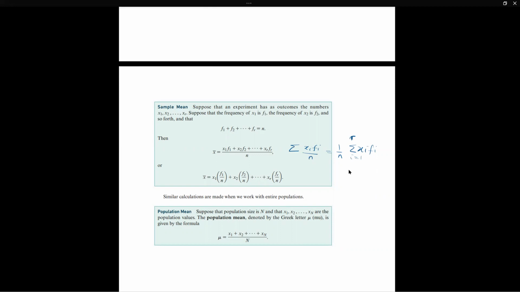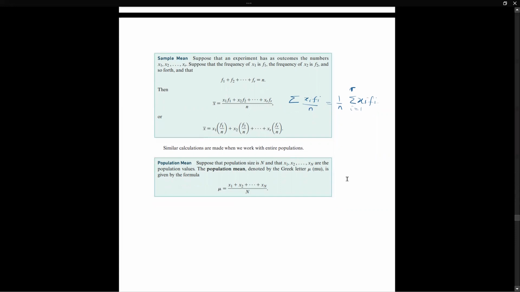If you see this symbol somewhere, that's what it means. We're going to say x1 f1 plus x2 f2 and so forth. Another way to do it is this way, but I don't usually use it that way. I would use the sum formula.